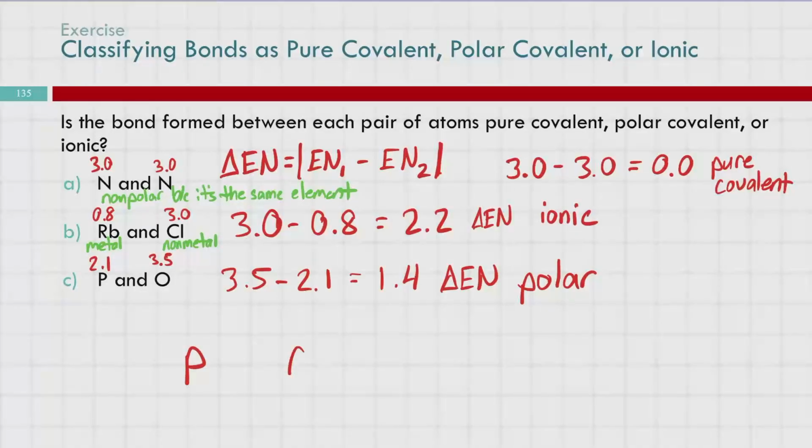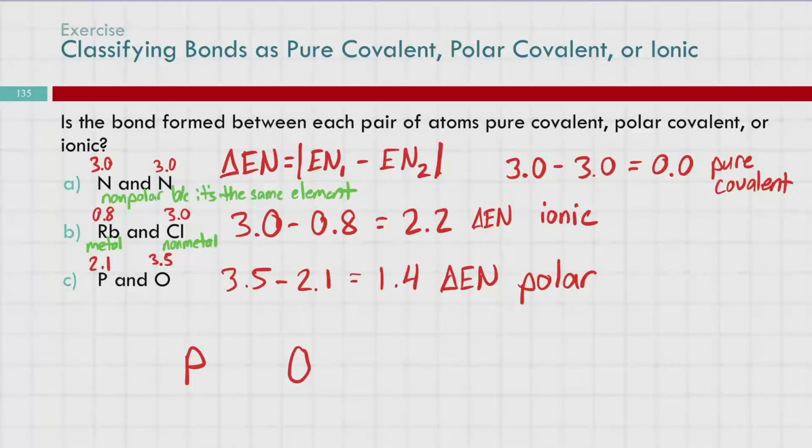Bonus conceptual question. In the bond between phosphorus and oxygen, which side, phosphorus or oxygen, is going to be partially negative? What do we think?